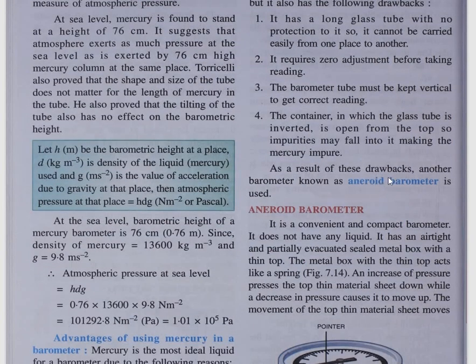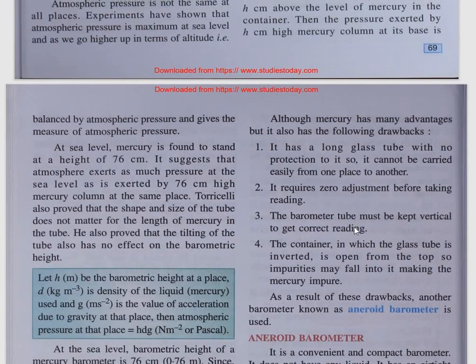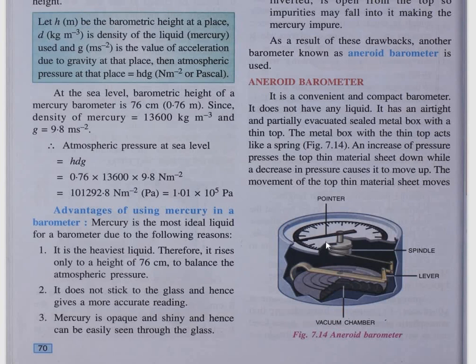As a result of these drawbacks, another barometer known as the aneroid barometer is used. There are two types of barometers we studied: the mercury barometer and the aneroid barometer. It is a convenient and compact barometer. It does not require any liquid. It has an airtight, partially evacuated sealed metal box with a thin top.